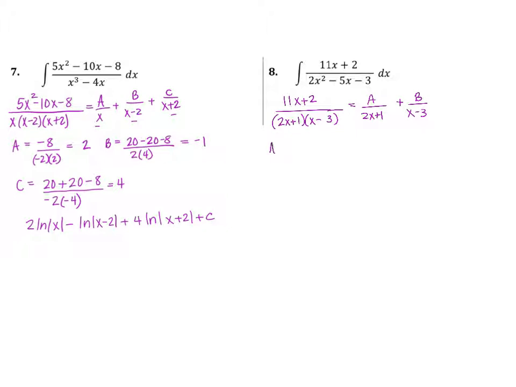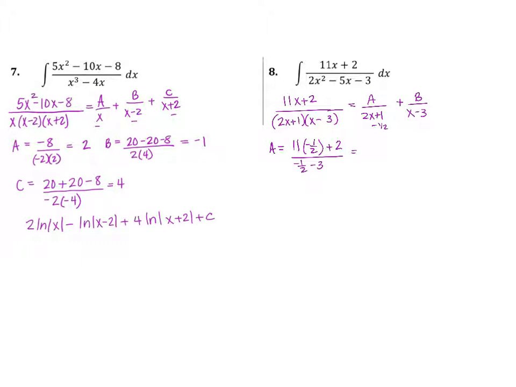So to find A, now this time we're going to have to solve, and we're going to get a negative 1/2 there. So, oh joy, we're going to have some fractions. So we're going to have 11 times negative 1/2 plus 2 over negative 1/2 minus 3.